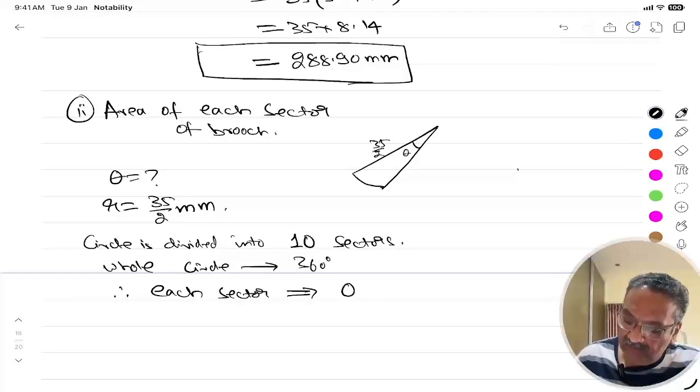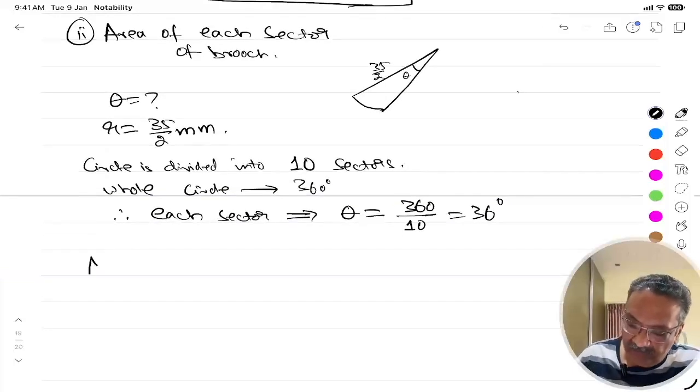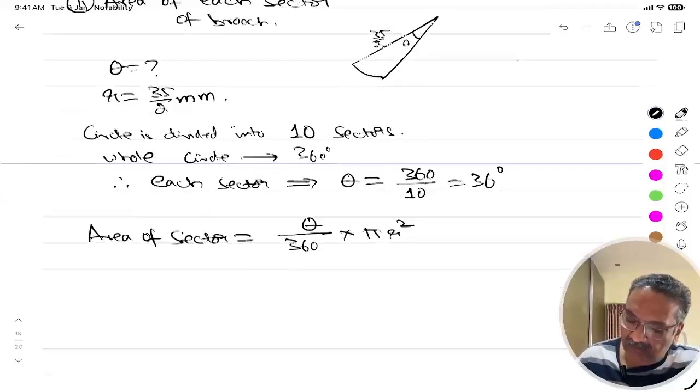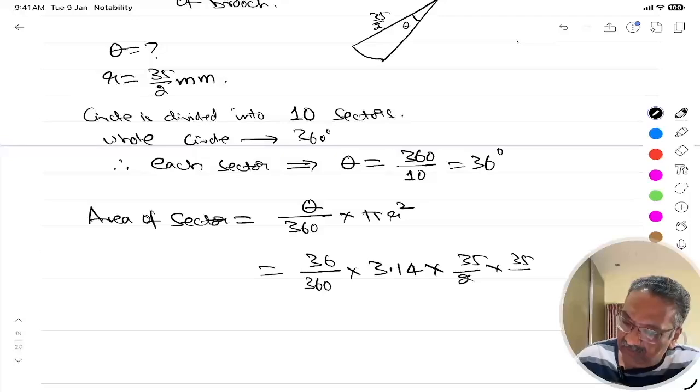Therefore each sector is nothing but theta is equal to 360/10, which is equal to 36 degrees. Alright. Now area of sector is equal to theta by 360 into pi r square, which is equal to 36 by 360 into 3.14 into 35 by 2 into 35 by 2.